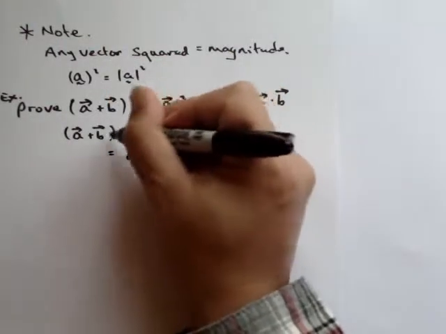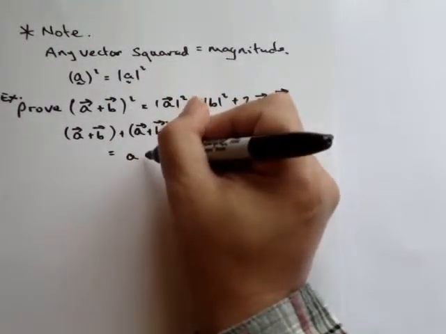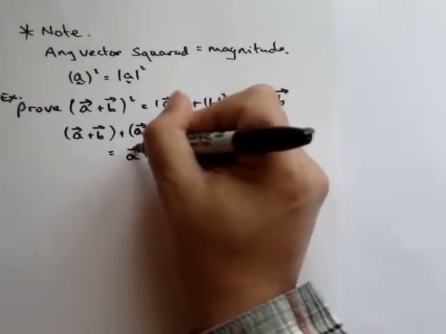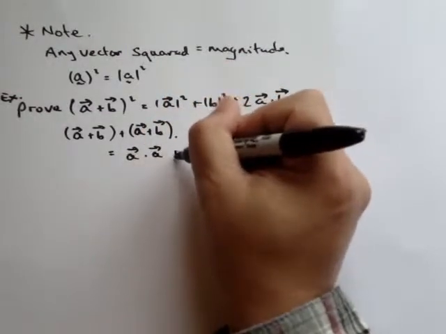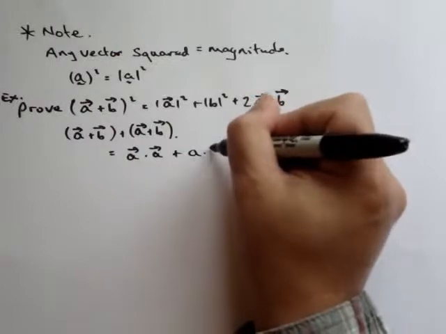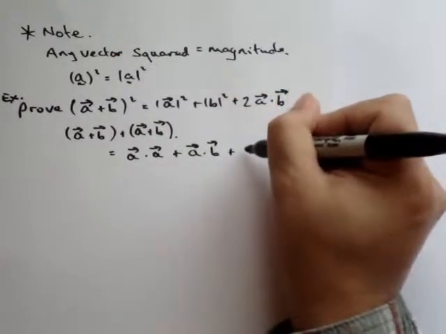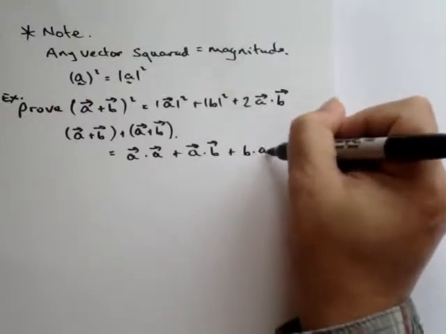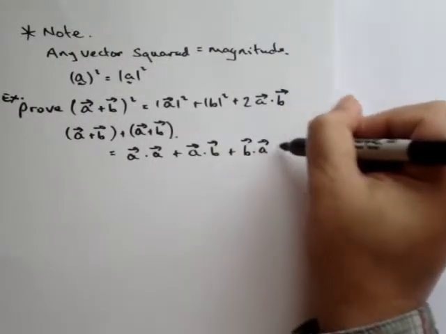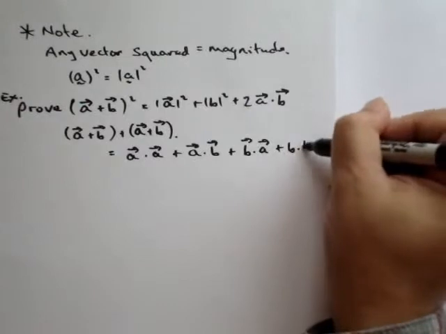So we're going to do our FOIL method: a times a, plus ab, plus ba, plus b times b.